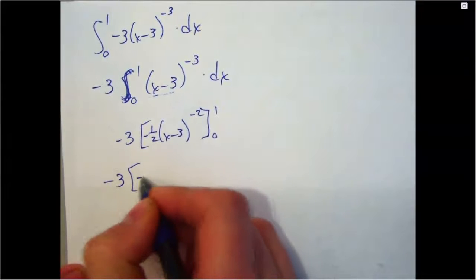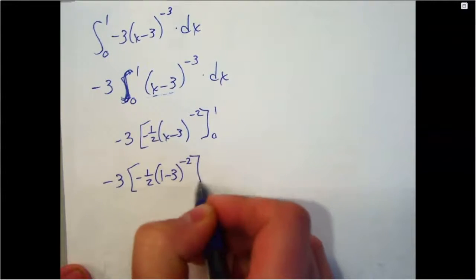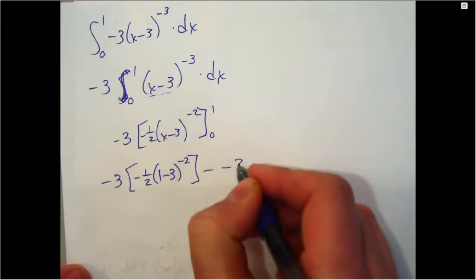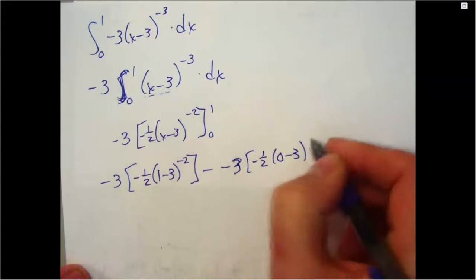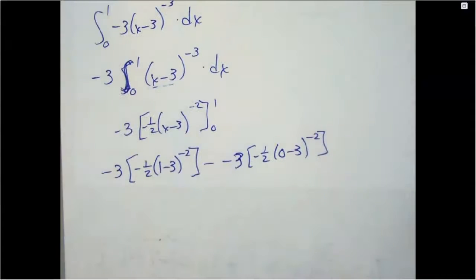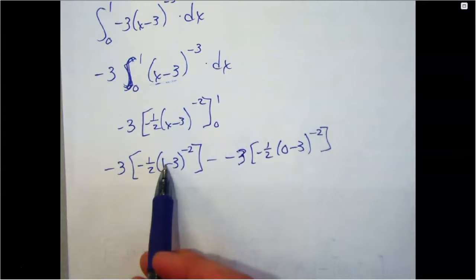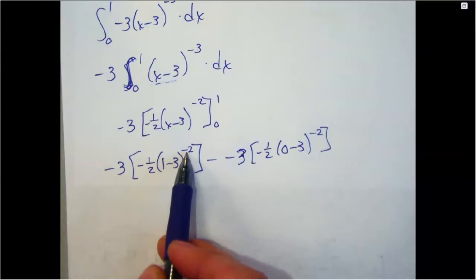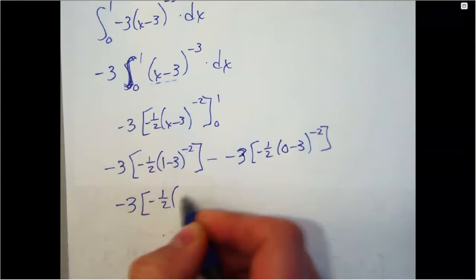Negative 3 times negative 1 minus 3 to the negative second minus negative 3 times negative 1/2 zero minus 3 to the negative second. So this negative 1 minus 3, which is negative 4 to the negative second, is 1/16.